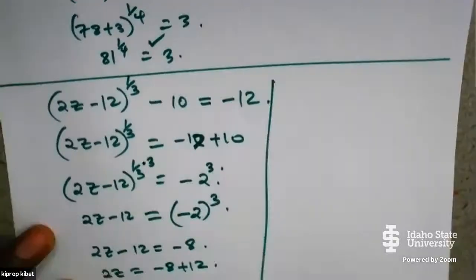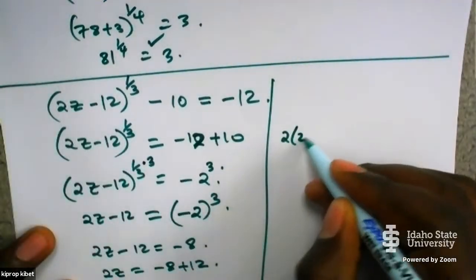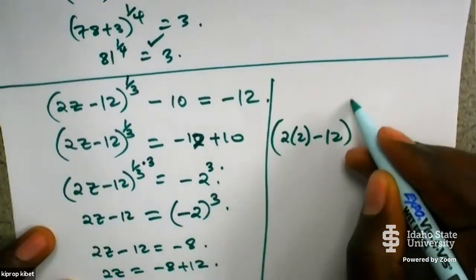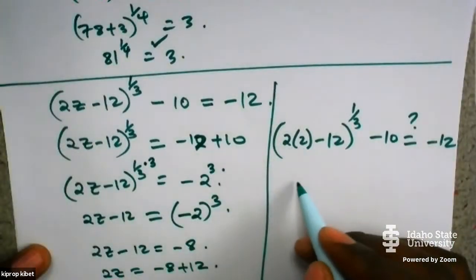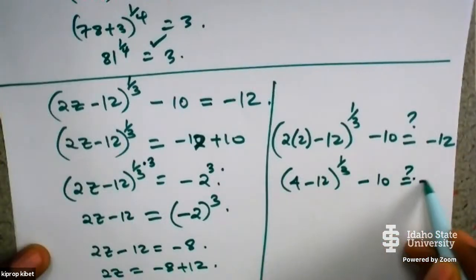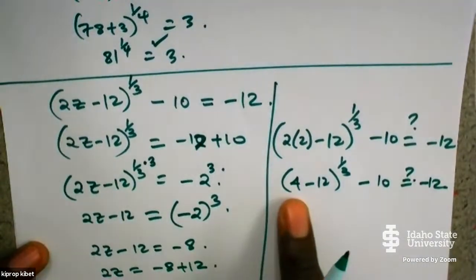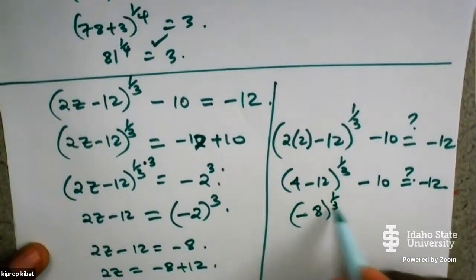So the last step is to use this in the original. 2 times 2 minus 12, raised to 1 over 3, minus 10.